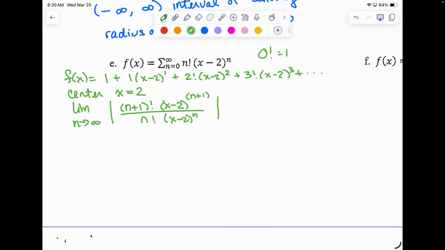I'm not going to expand this one. Let's see if you stick with me. n plus 1 factorial over n factorial is n plus 1. You okay with that? Okay. x minus 2 to the n plus 1 over x minus 2 to the n is x minus 2.